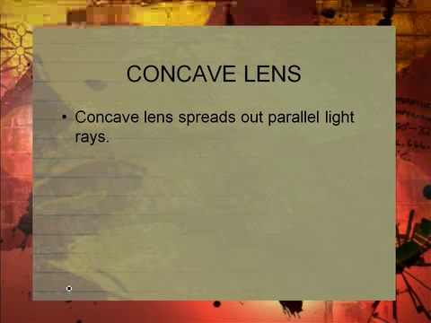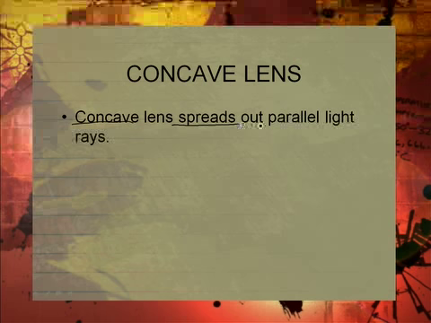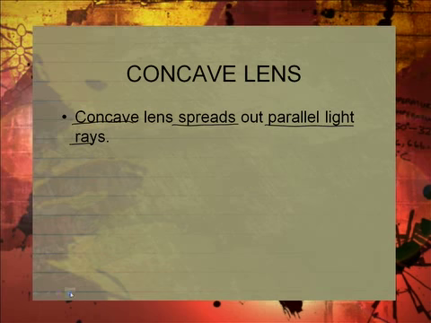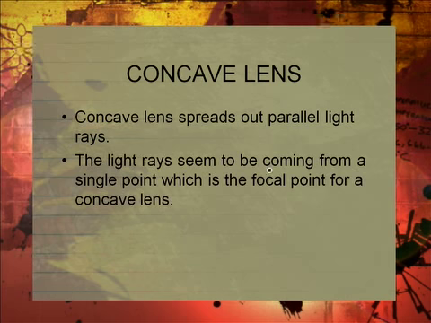Going on, talking about the concave lens. With a concave lens, we know that it is going to spread out parallel light rays. So these parallel light rays are scattered, made to go further away from each other. The light rays seem to be coming from a single point, which is the focal point for a concave lens.